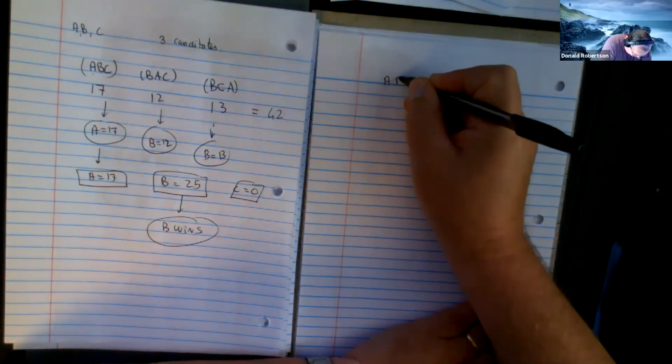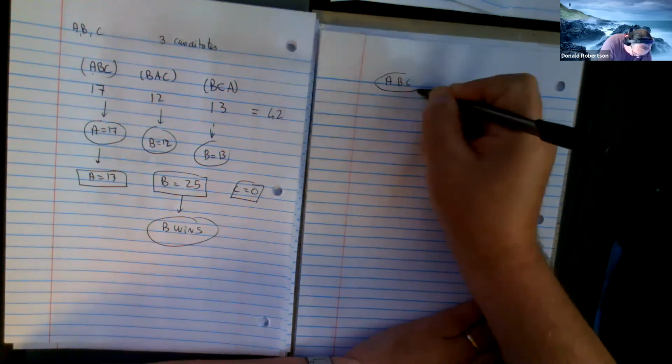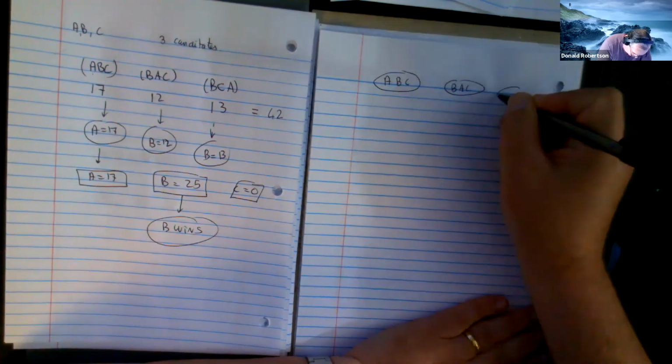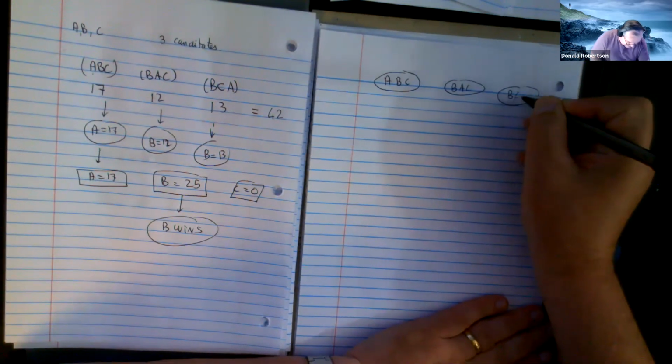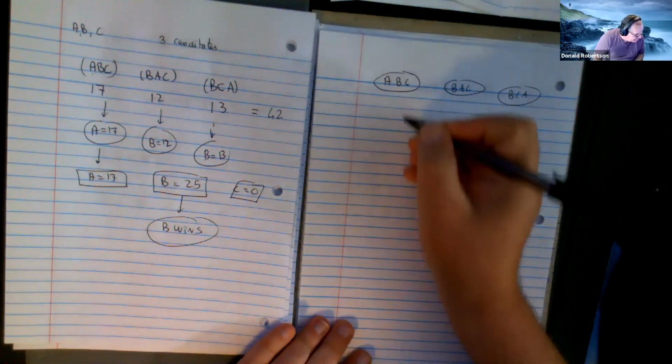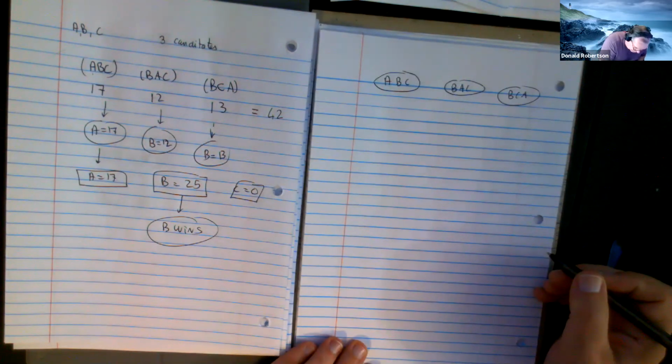Here's a different way of doing this voting system. We're going to keep the same numbers, and we may get the same result, and we may not. In this system, you award points to the position. And the points go something like this.